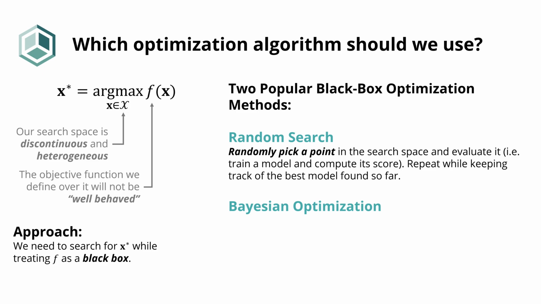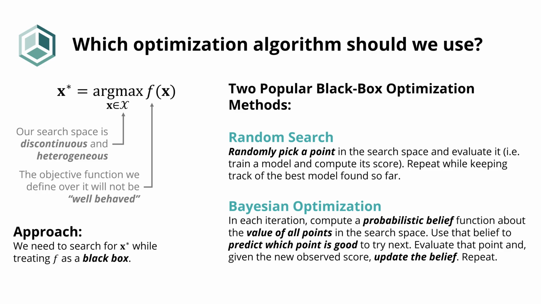Bayesian optimization, on the other hand, tries to be a little smarter. The problem with random search is that it doesn't try to take advantage of previous experience. Bayesian optimization tries to fix this flaw by maintaining a probabilistic belief function about the value of all points in the search space, along with the confidence in that belief.